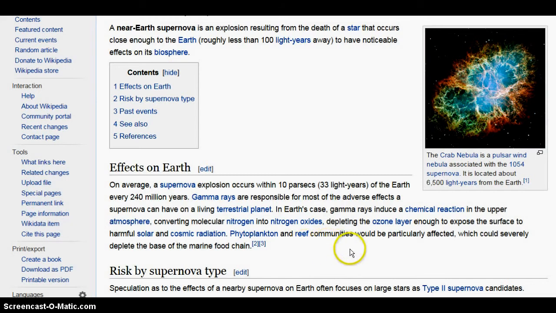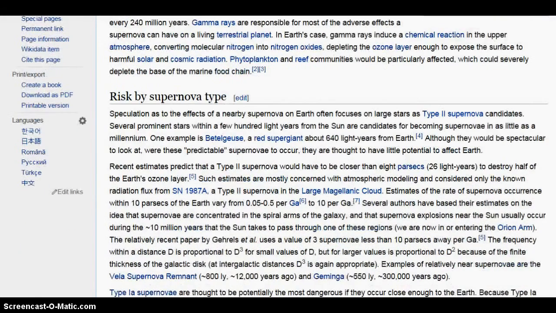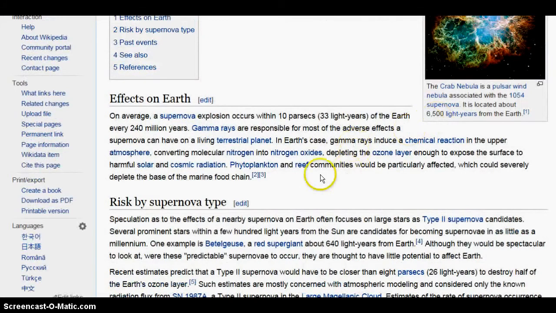Phytoplankton and reef communities would be particularly affected, which would severely deplete the base of the marine food chain. You can look it up to read the rest, but it doesn't say anything about killing everybody on Earth. It just says it would do the slow, painful way through the marine community.